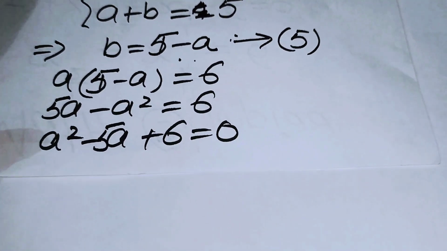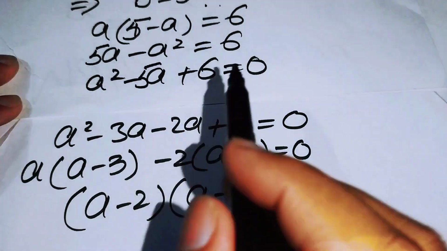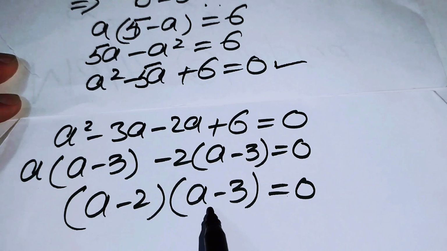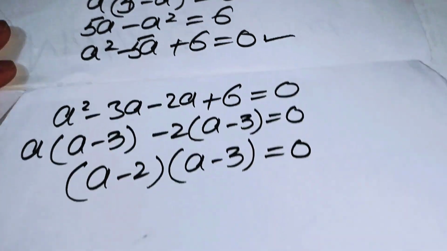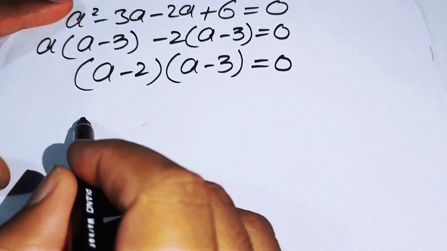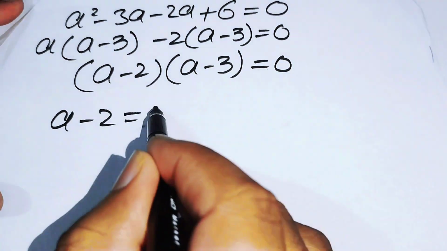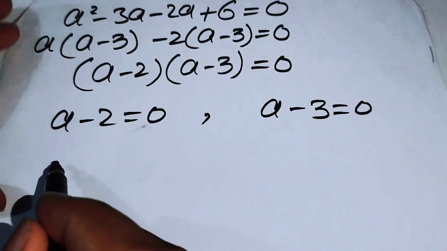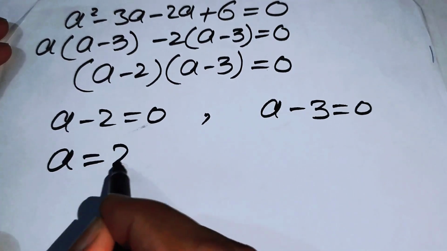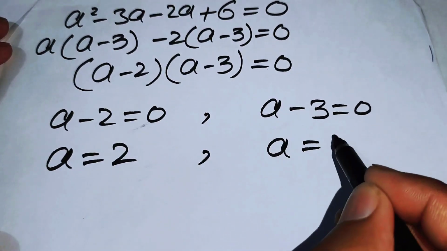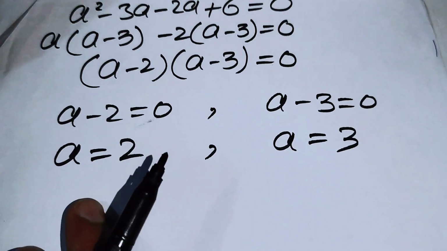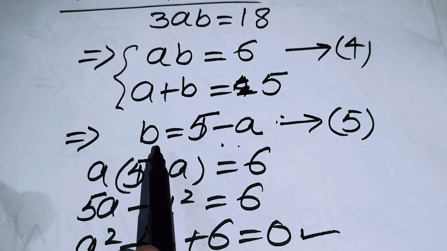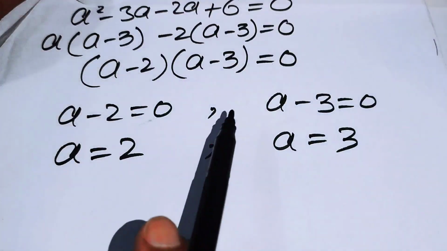Now we factorize these terms. The factors of this equation give us a minus 2 times a minus 3 is equal to 0. So here we have two cases. The first case is we take a minus 2 is equal to 0, and the other case is we take a minus 3 is equal to 0. In this case we get the value of a is 2, in this case we get the value of a is 3. Now we put the values of a in equation number 5 to get the value of b, where b is equal to 5 minus a.